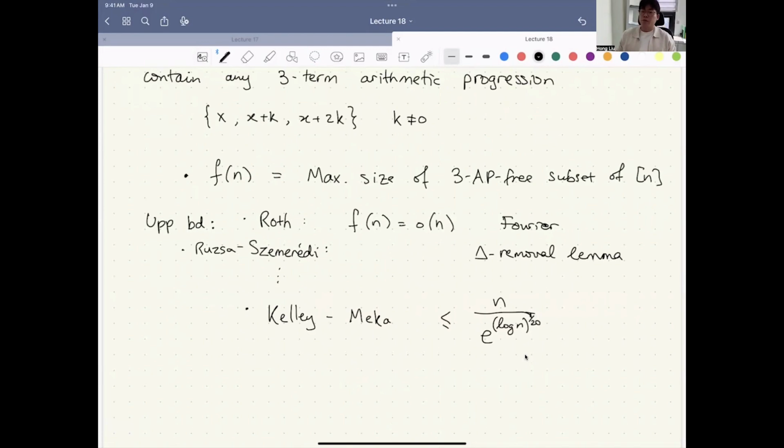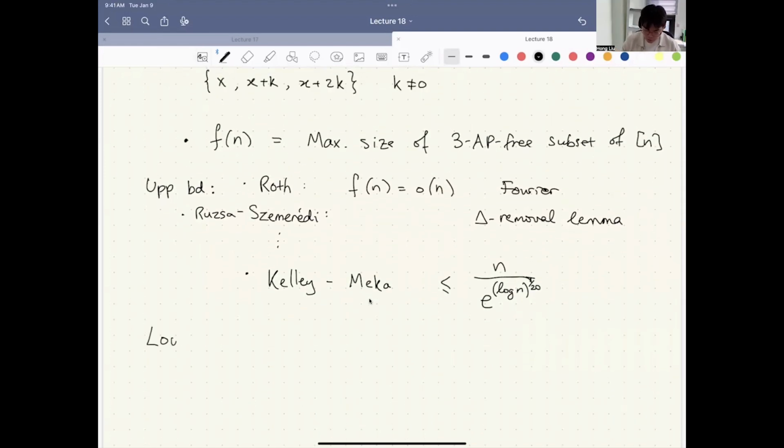Because this is basically the right shape for the extremal function for 3AP-free sets. There is a well-known construction, which we will go through today, by Behrend, a lower bound construction known for a long time, proving that F(n) is at least n over e to the (2 to the c plus little o(1)) times square root of log base 2 of n.